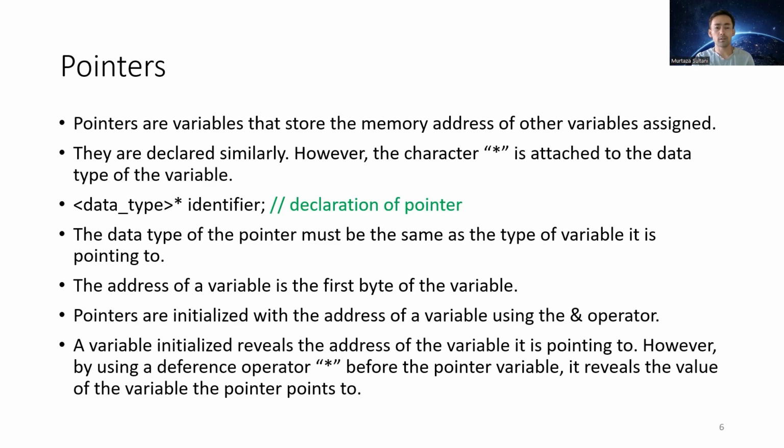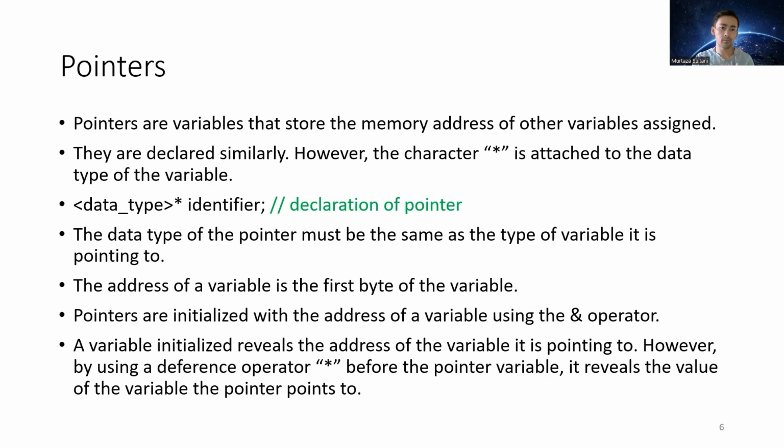And the pointers are initialized with the address of a variable using the AND operator. A pointer variable reveals the address of the variable it is pointing to. However, by using a dereference operator before the pointer variable, it reveals the value of the variable the pointer points to.